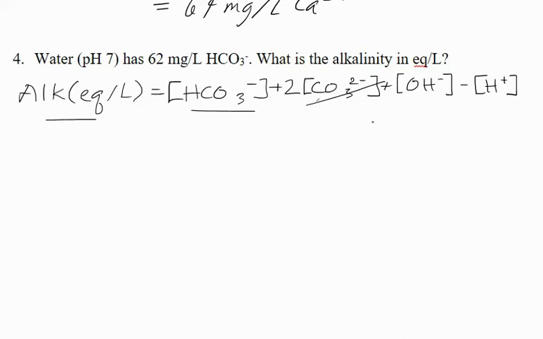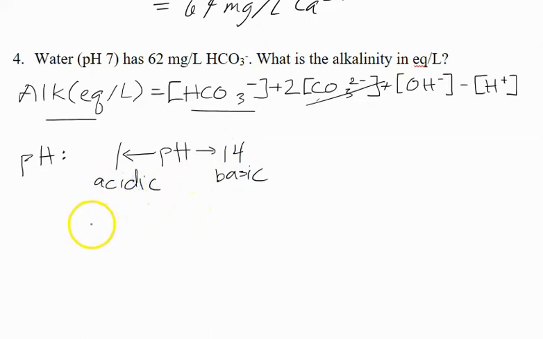So what else can we do? We know that the pH is 7, right? And we'll just do a quick review of pH. This isn't entirely true, but most intro chemistry would tell you that pH ranges from 1 to 14, where 14 is basic and 1 is acidic.